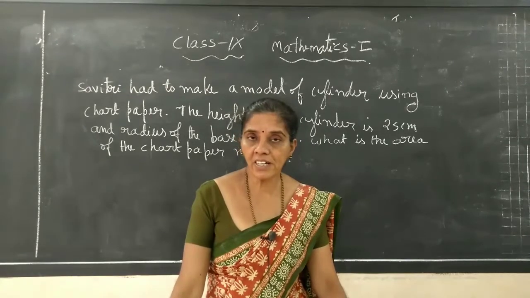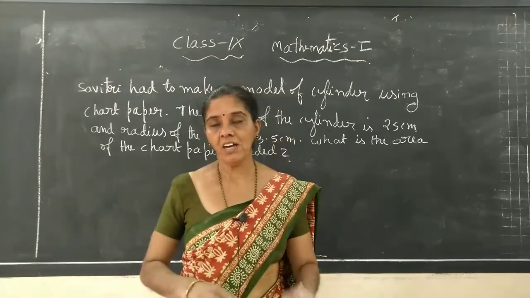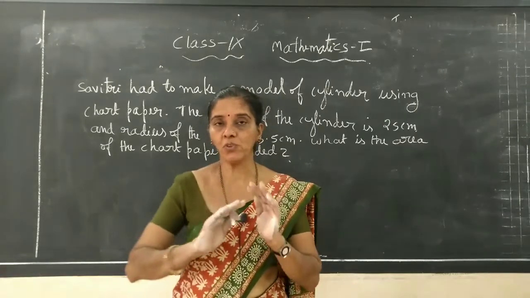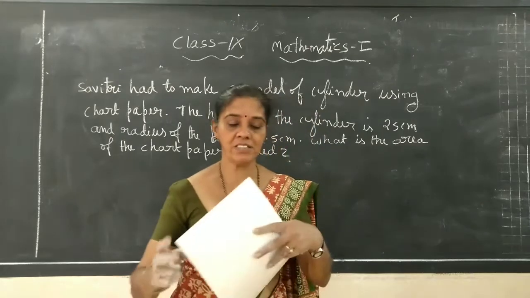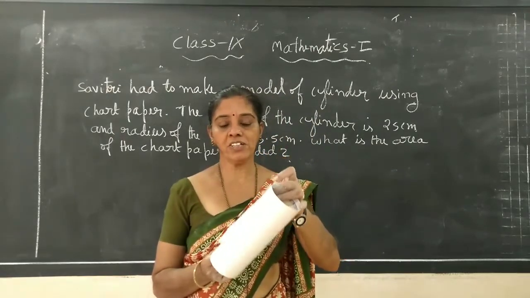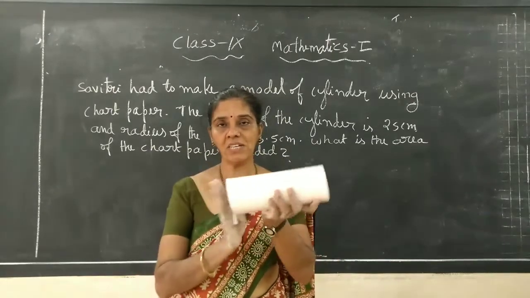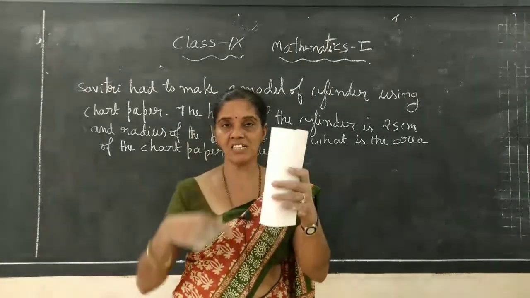Whenever we make a cylinder using any paper, it is usually a hollow cylinder. It doesn't have any paper on the two bases, they are open; you will only have this much paper to get the cylinder.